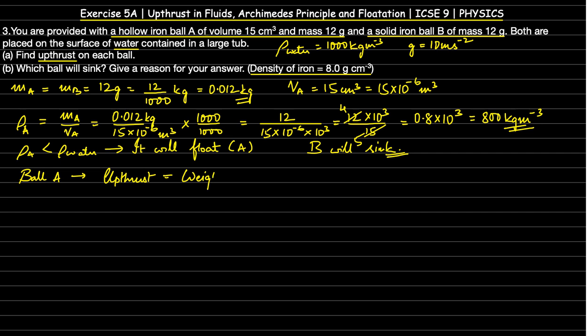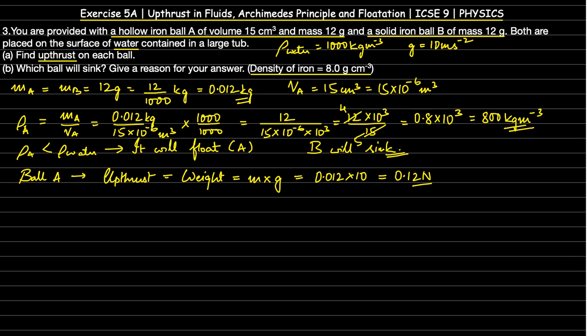Remember, whenever an object is floating, upthrust will be equal to weight. Weight is nothing but m into acceleration due to gravity. So mass, we got it as 0.012, into acceleration due to gravity, which is 10.